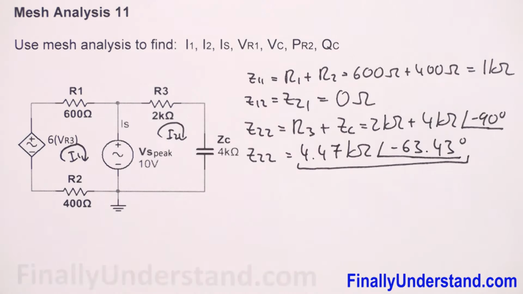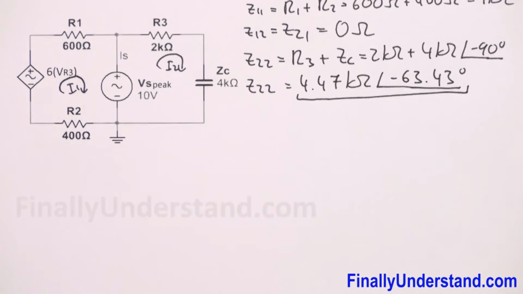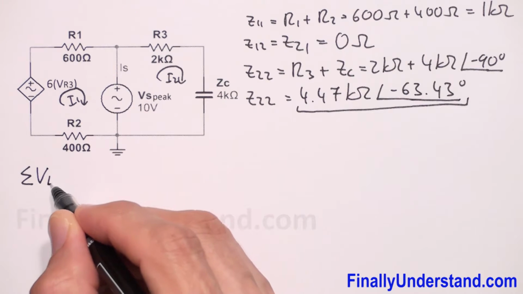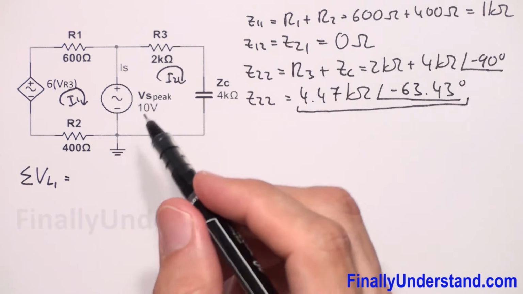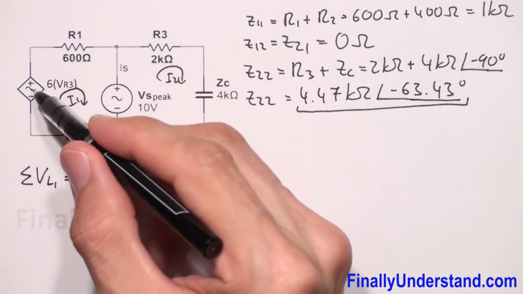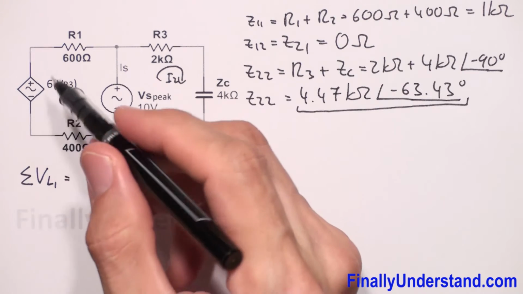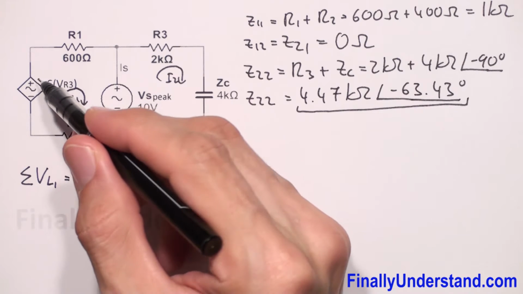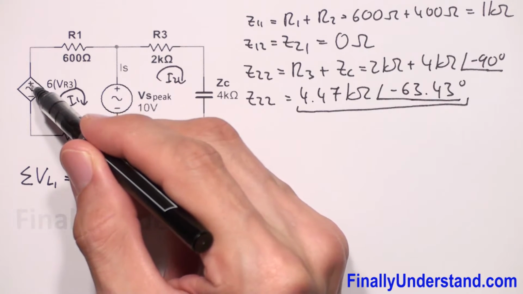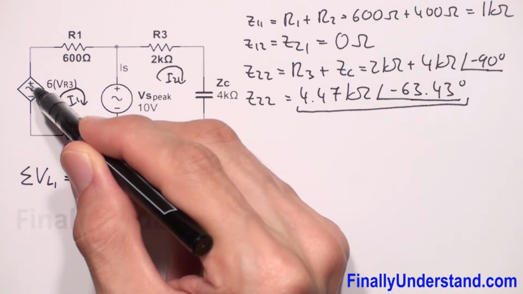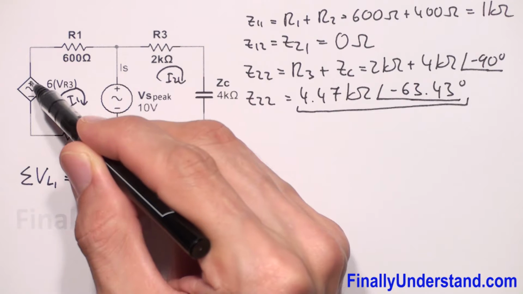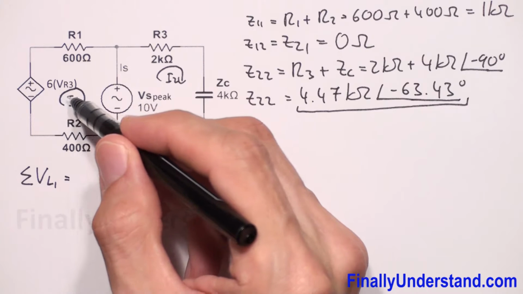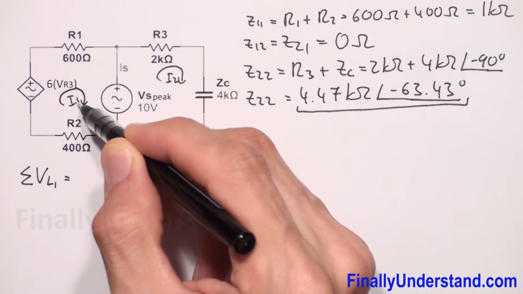Next I'm supposed to find the sum of the voltages in loop 1. Please notice that we have a dependent voltage source, and the positive sign is at the top. So theoretically this voltage source will push the current up. If the voltage source is going to push the current up, its current direction is going to be the same as the direction of current I1.